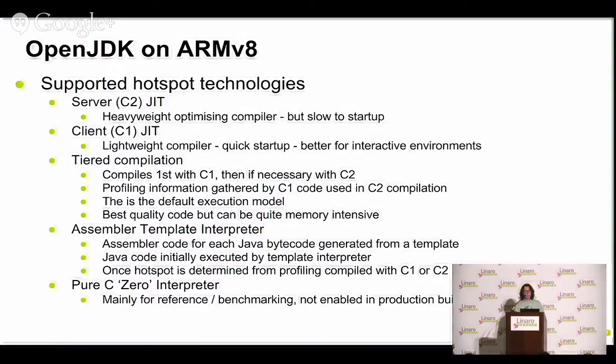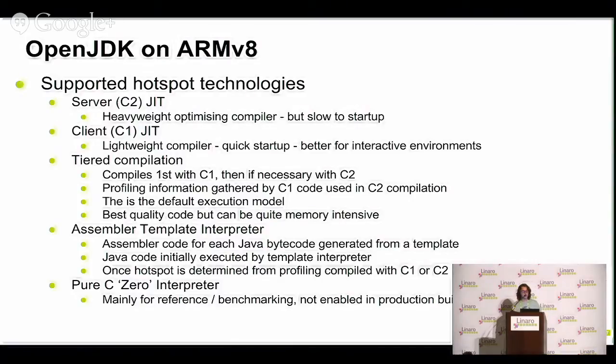There is tiered compilation, so code starts out first being optimized by C1, and then if some hotspots are identified, it's passed on to C2. So you should get even better optimization happening there. There's the template interpreter, which I don't really understand, so I'm going to refrain from commenting too much on that.